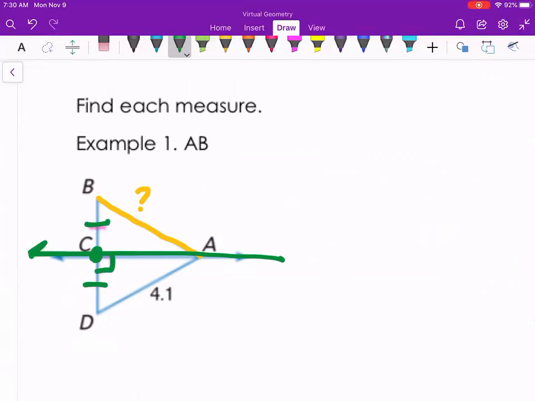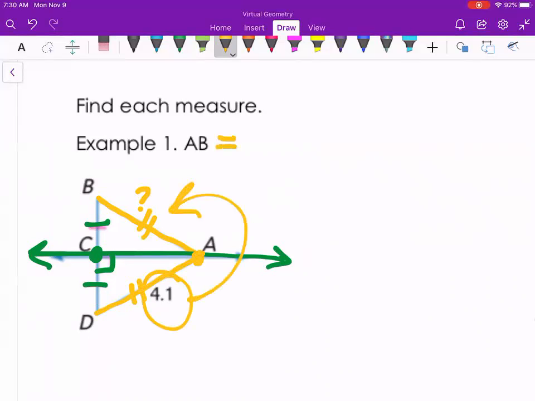It's got the right angle going on, so that's my perpendicular. And so if A to B is one stretch, then I need to look on the other side because it's using that perpendicular bisector theorem. So that means 4.1 is also on the other side. So A to B is also 4.1 units.